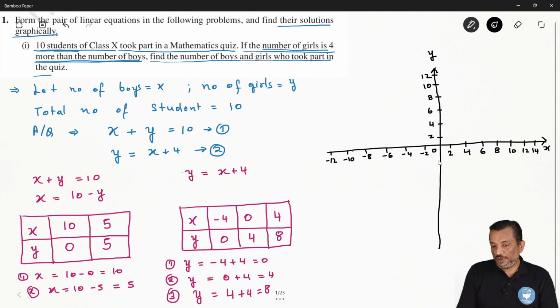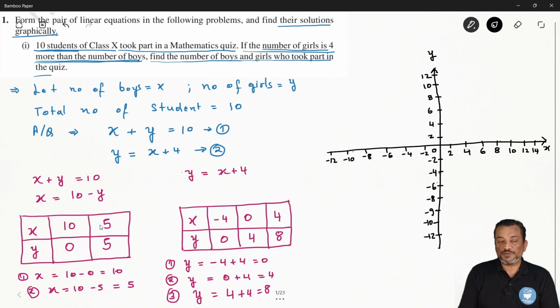Now below the y-axis it is negative, so negative 2, negative 4, negative 6, negative 8, negative 10 and negative 12. Hope you have got it. हमने यहाँ पे सारे मार्क कर दिए.